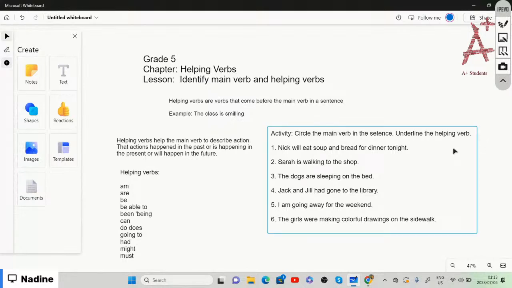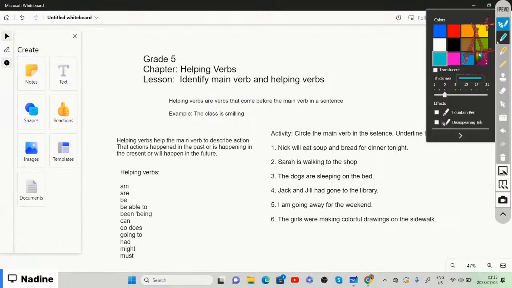So there are basically two instructions: the first is to circle the main verb within the sentence, and the second is to underline the helping verb. I'm going to use two different colors, one to circle and the other to underline.